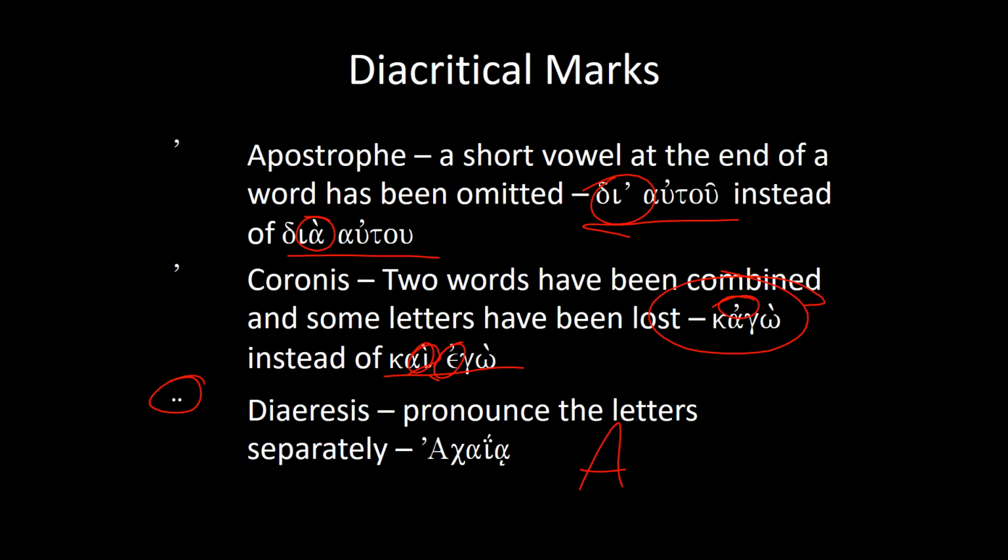So we have capital alpha, key, alpha, iota, alpha. What's this thing right here? That's an iota subscript. You have that mark right here. We're going to pronounce each letter akaia. We're not going to pronounce it akai. So that's called a diaeresis.